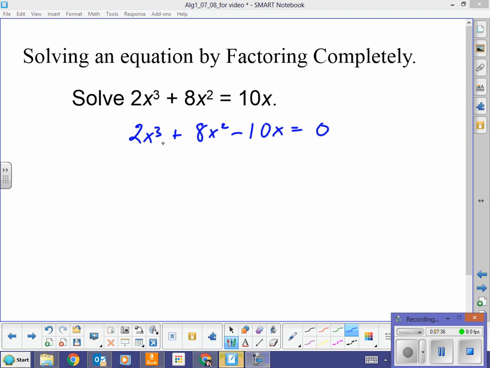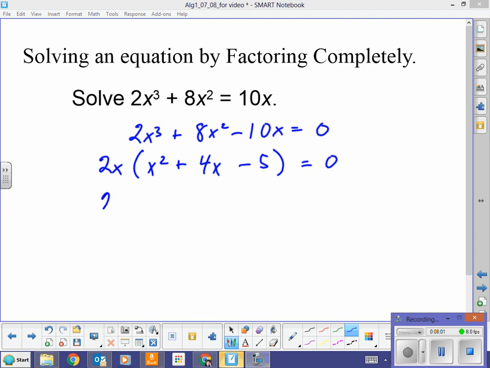So I can factor out 2x, and that's going to leave x squared plus 4x minus 5 equal to 0.